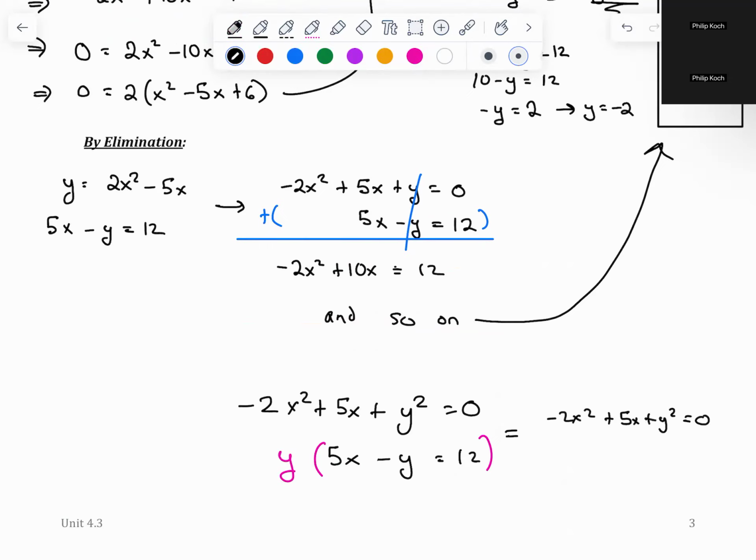And now we've got 5xy minus y squared equals 12y. So it didn't actually solve anything for us, because now I can't even combine the 5x. Now I've got a 5xy and a 5x and a 12y. Even though the y squareds will cancel, it just ends up making it more complicated. And you'd have to keep doing more and more variables over and over.